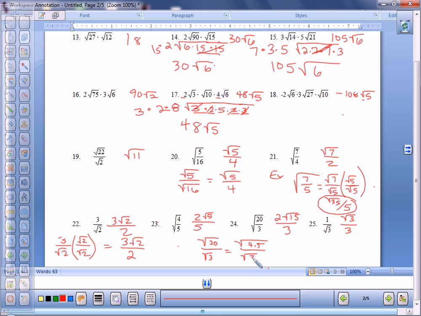So this is 2 root 5 over the square root of 3. Well, I still can't have the square root of 3 in the denominator, so I have to multiply by the square root of 3 over the square root of 3. So this is 2 root 15 over 3. And that's 24.